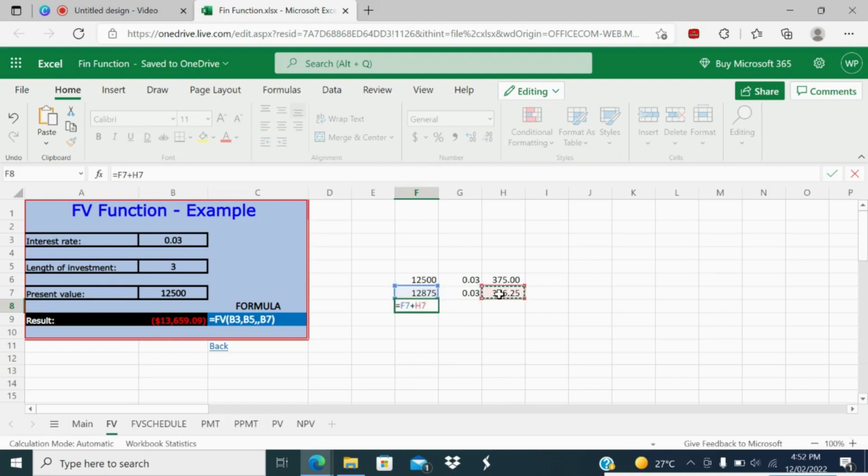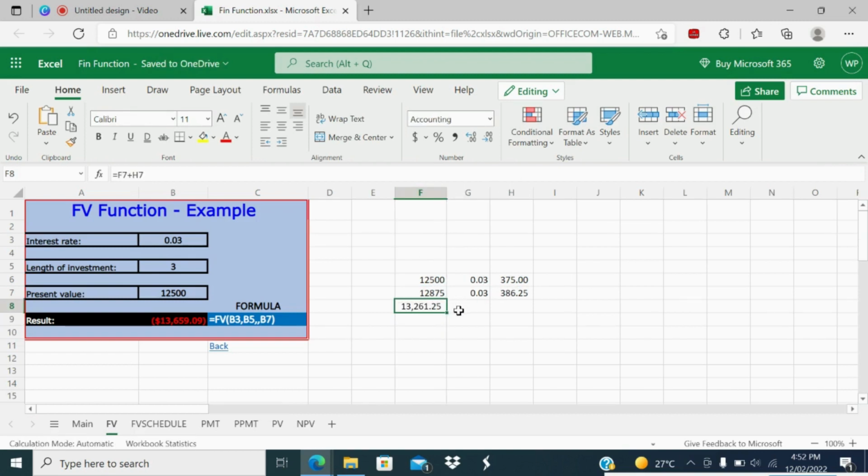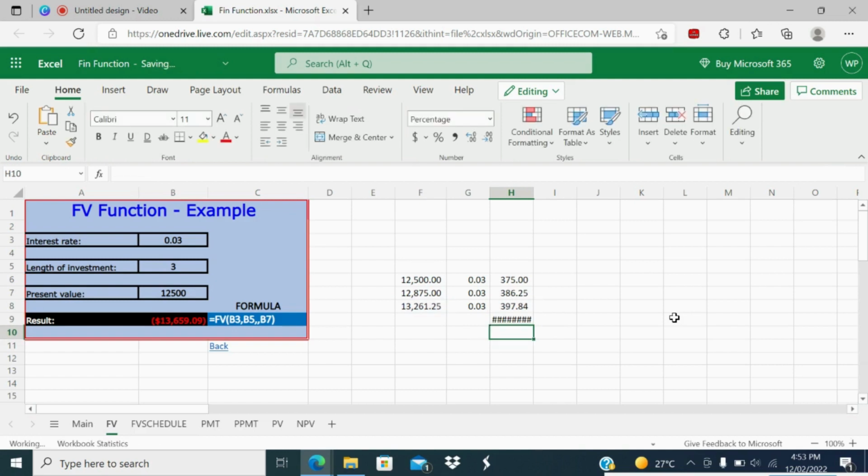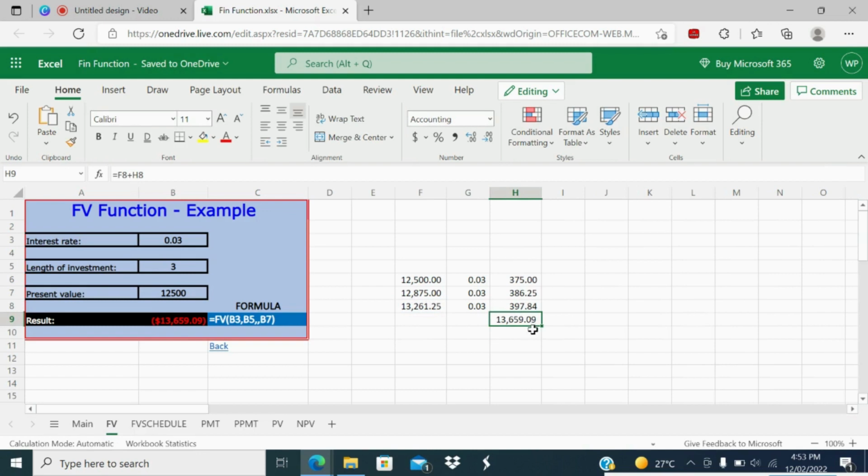How much value is it? 13,261.05. I will calculate interest on that at 3%, that is 397.84. Now at the end of the third year, my investment value will be 13,261 plus 397.84. So that is 13,659.09, which matches the formula.